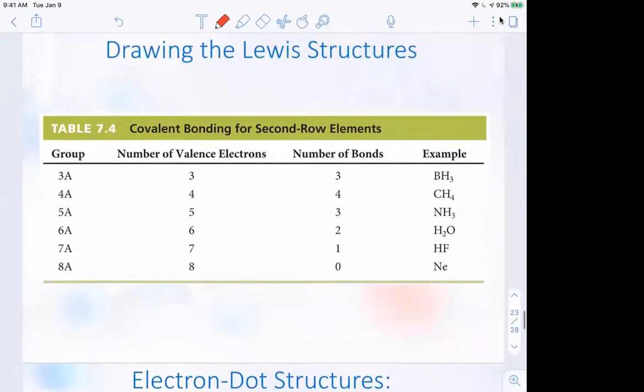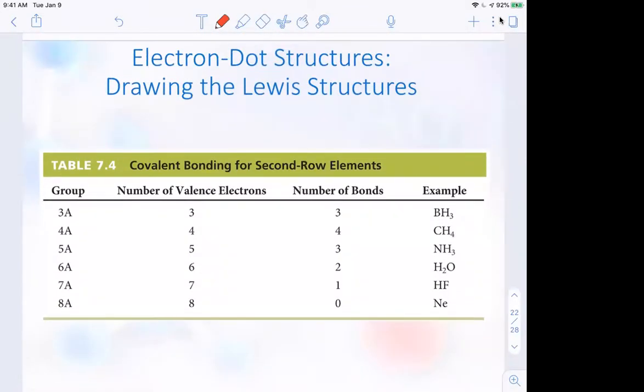So if I follow those, right, group 3A, 3 valence electrons, forms 3 bonds, like BH3. It's going to be electron deficient. 4A forms 4 bonds. Methane looks like this. 5A has 5 valence electrons.